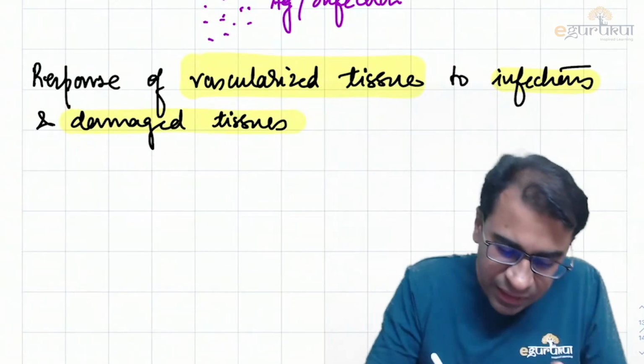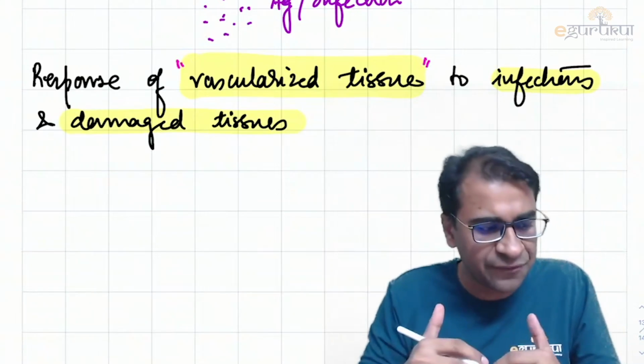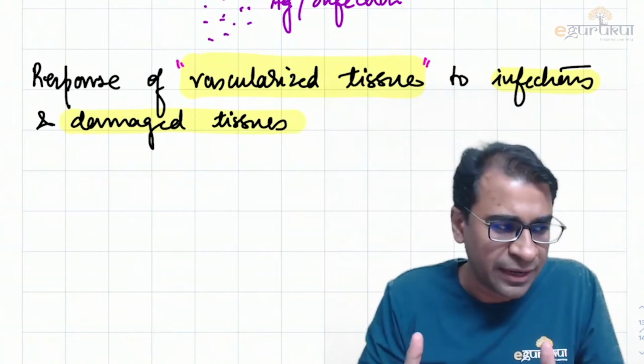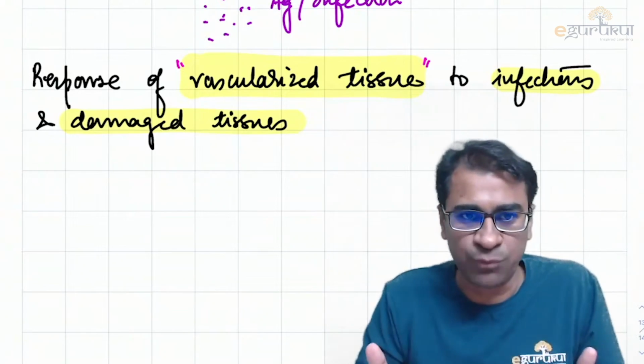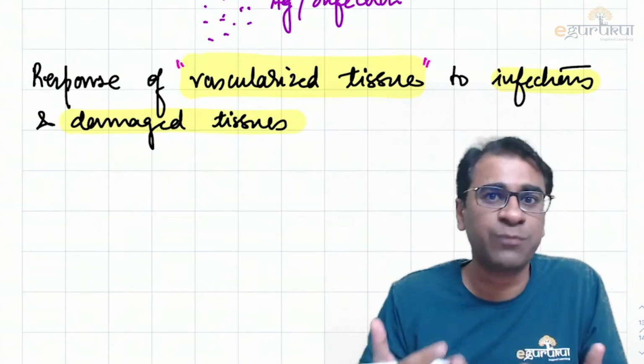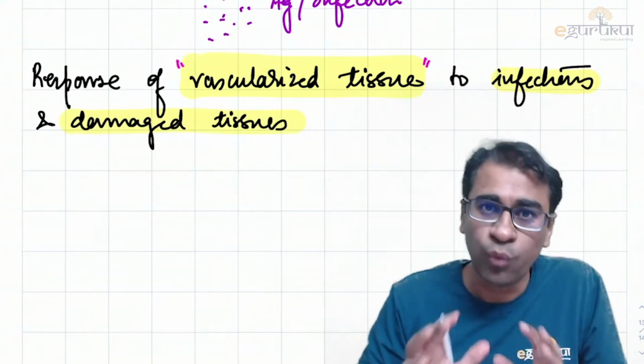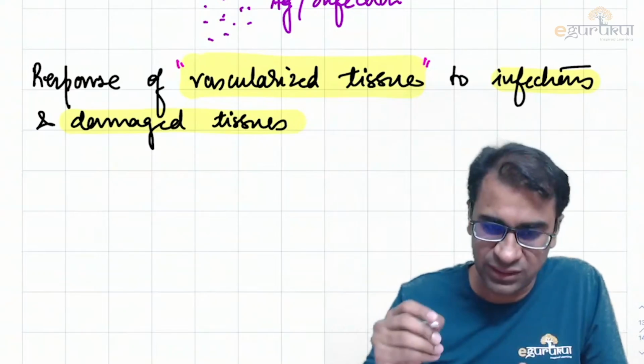Now, sir, does the vessel respond to it? Actually, yes, the vessel responds to it. But in the vessel, what responds to it? That's an important question. The responding cells are the host defense cells.